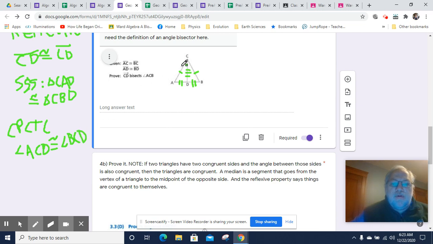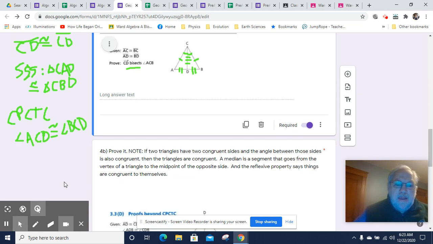So we can prove that this angle is congruent to this angle, and the reason is that they are corresponding parts of congruent triangles and therefore are congruent. Now, by definition of a bisector, a bisector divides an angle into two congruent angles. So we can now prove that ray CD is an angle bisector.